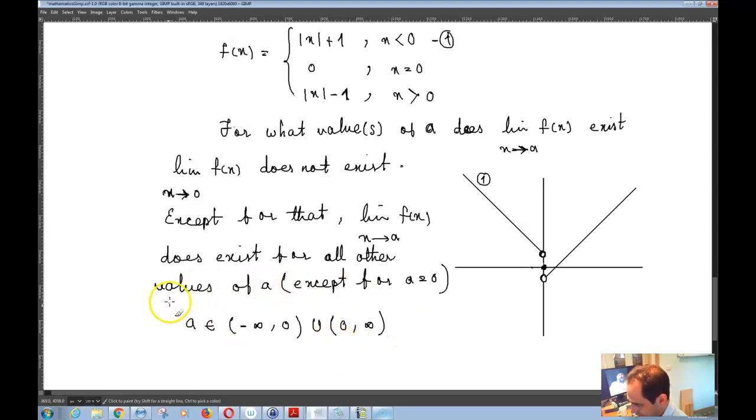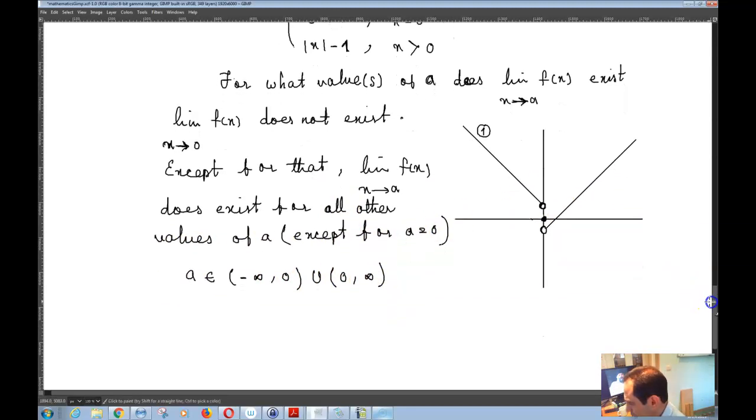A has to belong to this interval so that the limit does exist, meaning that 0 has been excluded from these numbers.